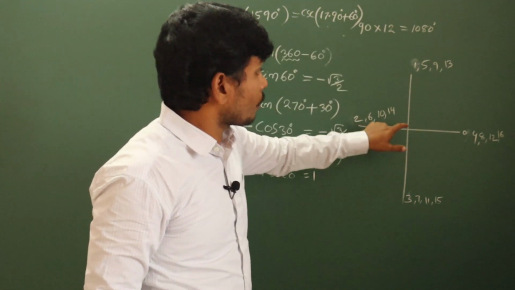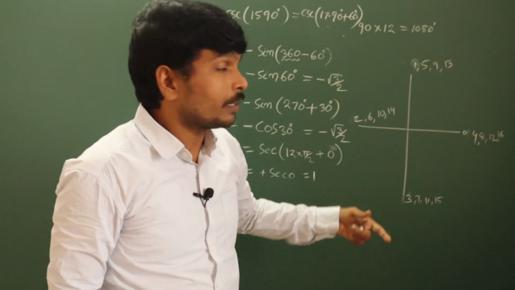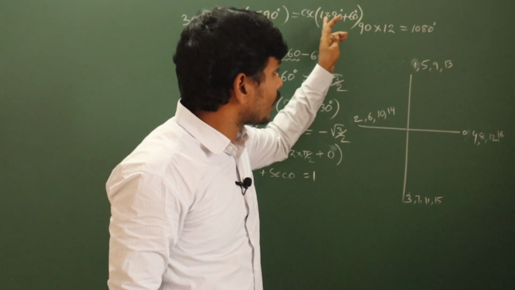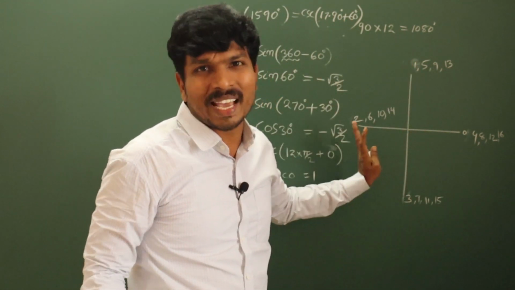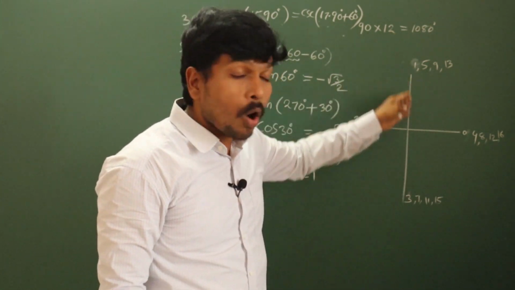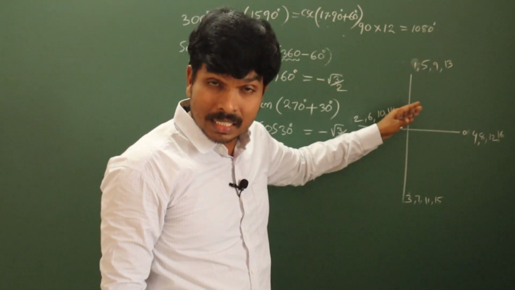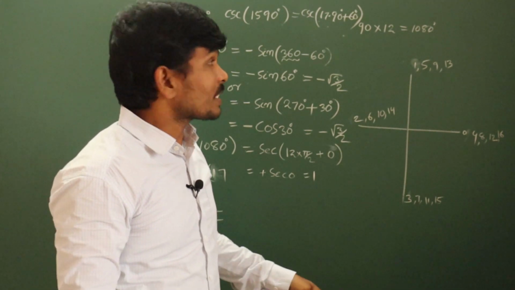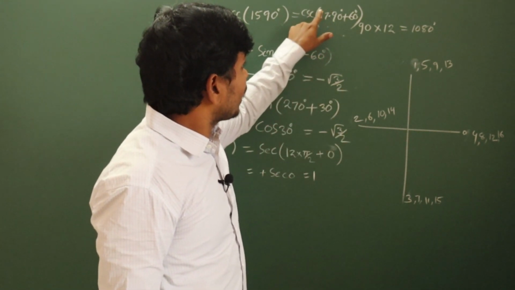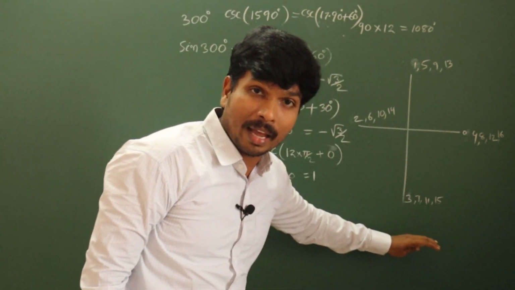17 means whether it is a positive y-axis or negative y-axis, you have to decide it, because these are odd right angles. Odd right angles are nothing but the y-axis. Odd right angles definitely lie on the y-axis only. Now you observe whether it is positive y-axis or negative y-axis. How to decide? If 17 divided by 4 leaves the remainder 3, then that is negative y-axis.